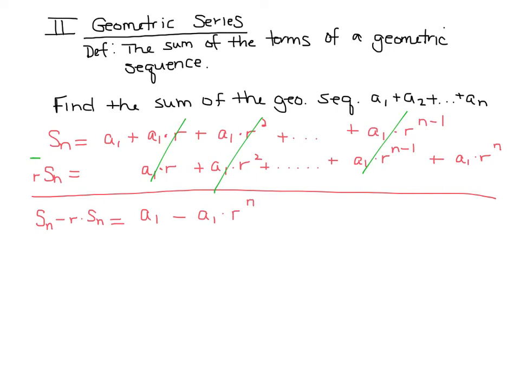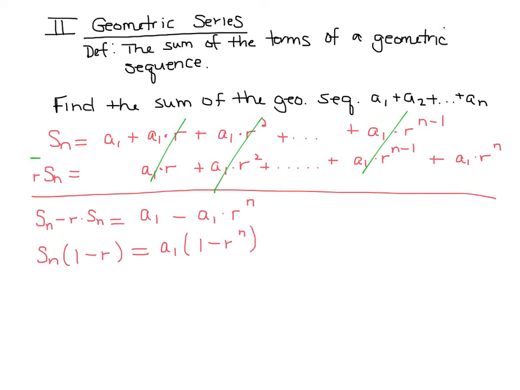And we got to do a lot of cleaning up here. So on the left side I have S sub n minus r times S sub n. I'm going to factor out that S sub n, leaving me with 1 minus r. And on the right, I'm going to factor out an a sub 1, leaving me with a sub 1 times the quantity of 1 minus r to the nth.